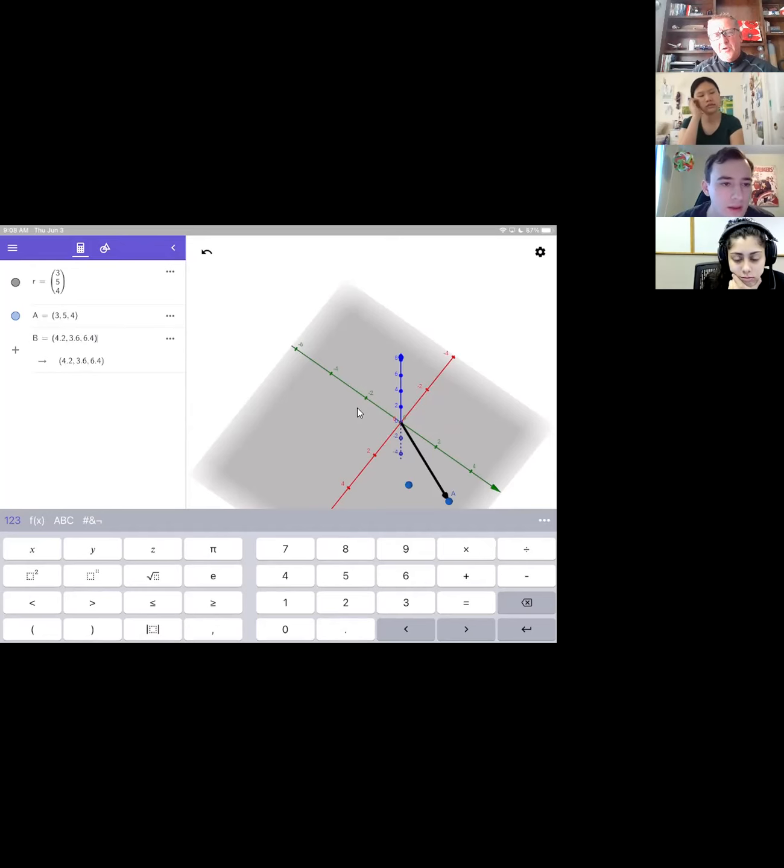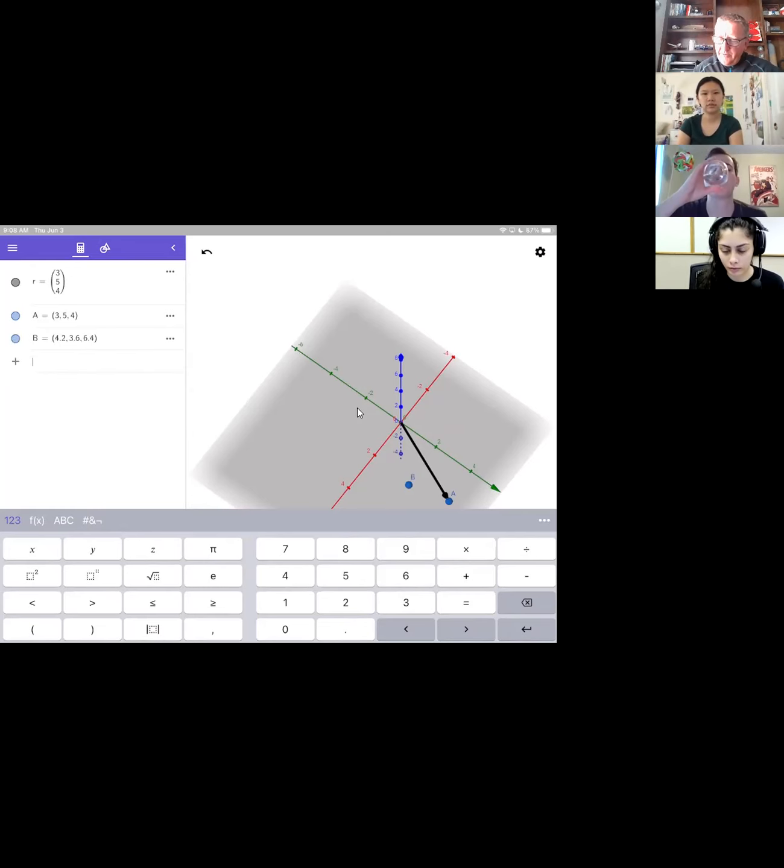Yeah, if you just type in your vector, the 4.2, 3.6, 6.4, and you click on the three dots, I think there's a setting that says you can start from a certain point, and you could type in that point. And doesn't that make sense that they would do that? Because you see how tedious this is for us to do. Oh, yeah. So you might try what Ben said. I'm afraid to try it because I'm going to waste our time, and I have a feeling it might not work on this app. So I'm going to try that after class.